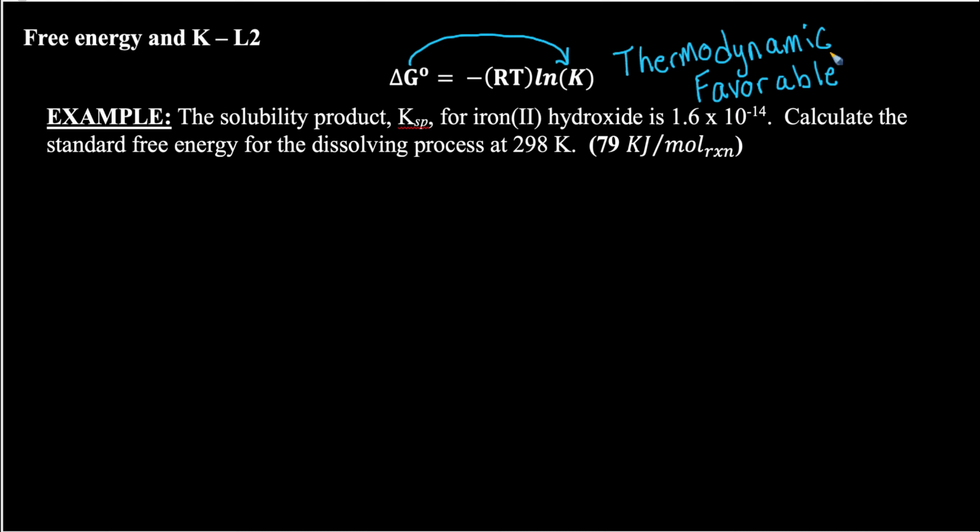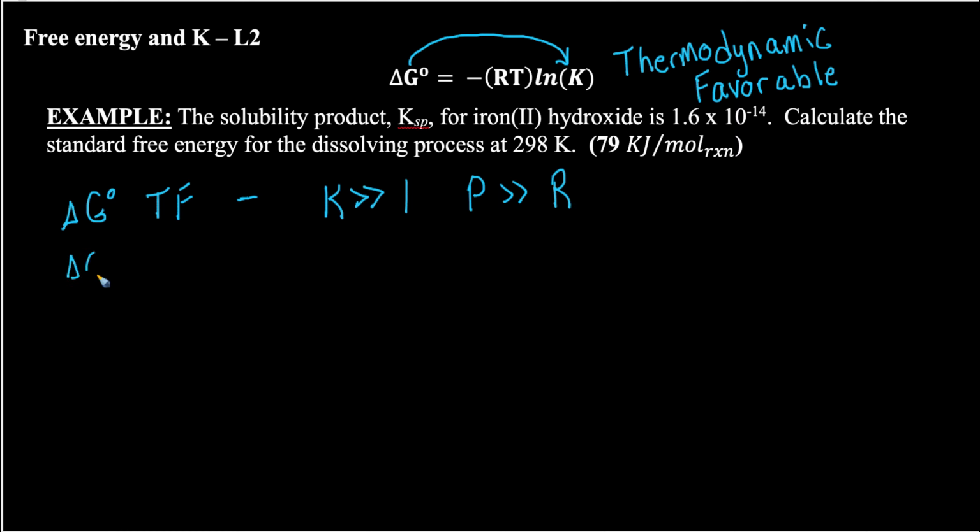And so delta G is tightly linked to the equilibrium constant. So if delta G naught is thermodynamically favorable, it's a negative number, and we would expect K to be much greater than 1, because much greater than 1 means that overall I have way more products than reactants at equilibrium.